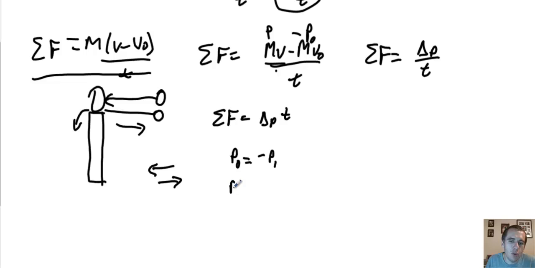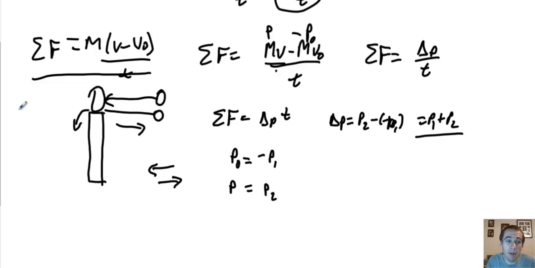Its final momentum, now that it's bouncing back the other way, is some positive value, say p2. And so what we get is a change in momentum, delta p, equal to final minus initial, p2 minus negative p1. And that's actually equal to p1 plus p2. So we have to sum up two momenta to figure out how much it changed.